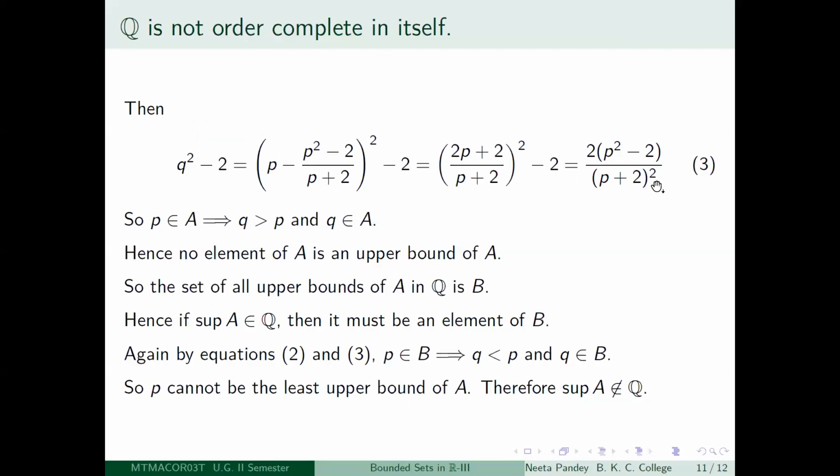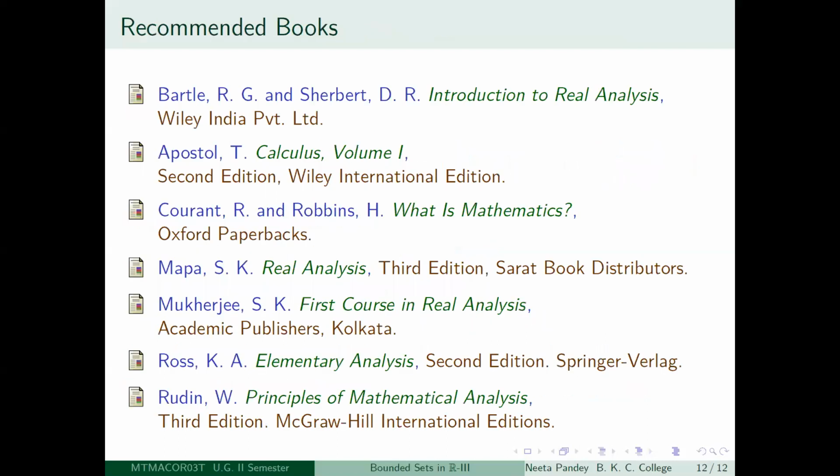Okay, so hopefully I have been able to explain certain number of things to you. You have to remember what intervals are, and you have to remember the results which we proved, especially the existence of a positive nth root of a positive real number.